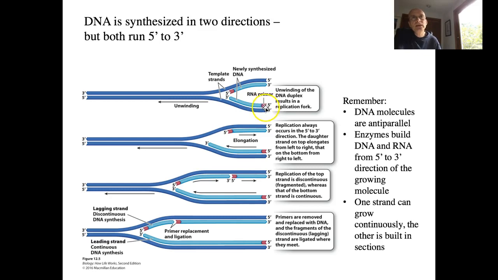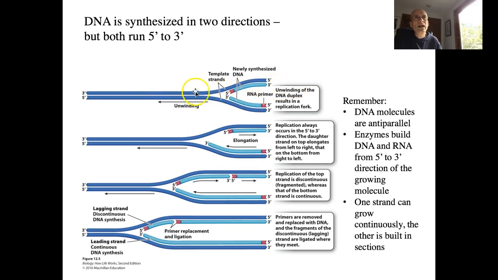So the process starts here and moves in this direction. You have your two strands that are growing from this end inwards and from that end outwards. Now, this molecule down here, as you continue to unwind this piece of double-stranded DNA, could just continue to grow and grow and grow. But this one will continue to grow into the other direction.